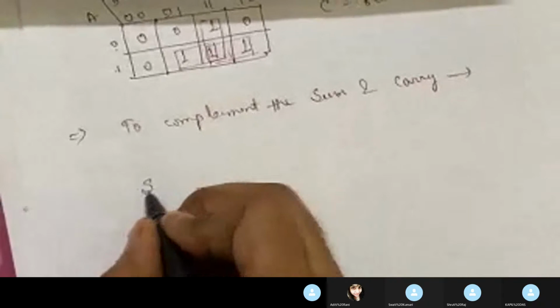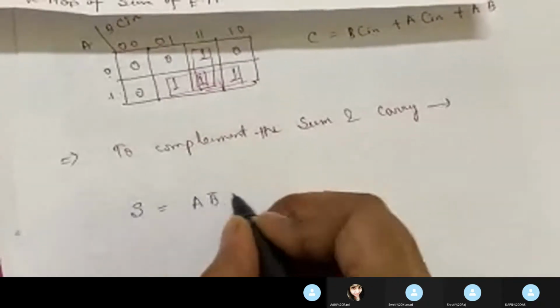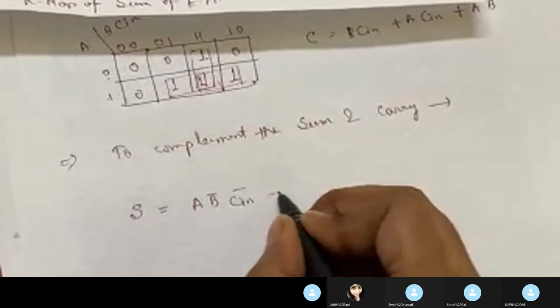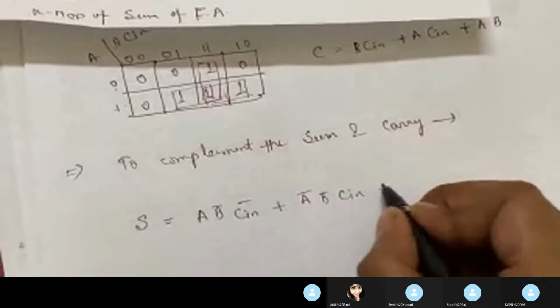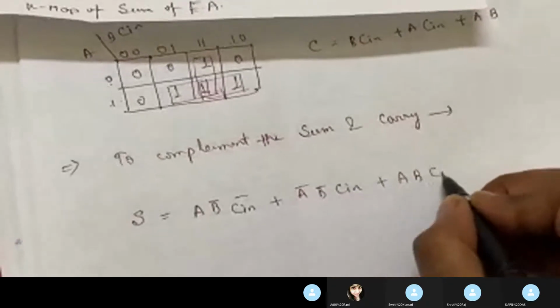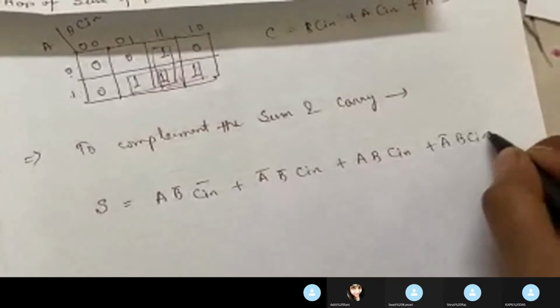Sum and carry को हम लोग complement करेंगे. First let us take the equation of sum. S is equal to A B bar C in bar plus A bar B bar C in plus A B C in plus A bar B C in bar.